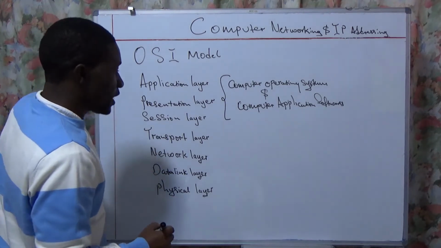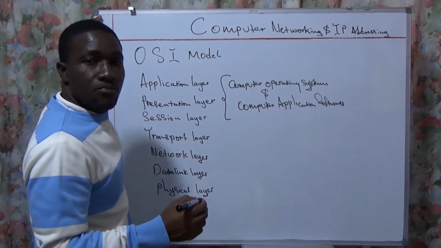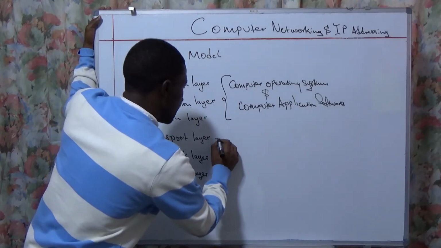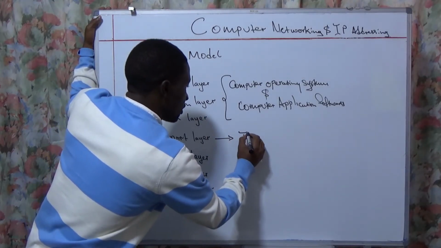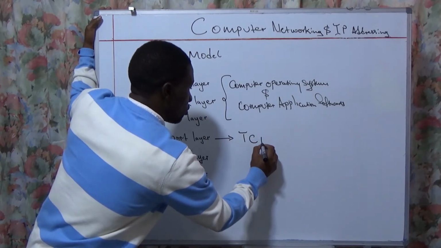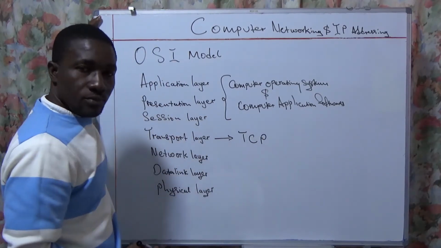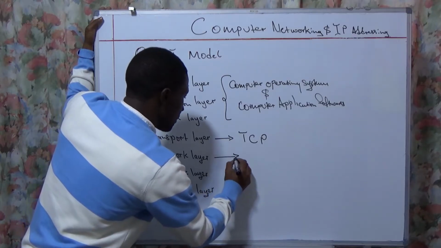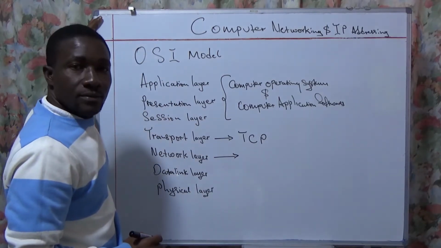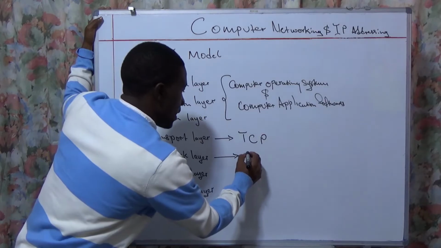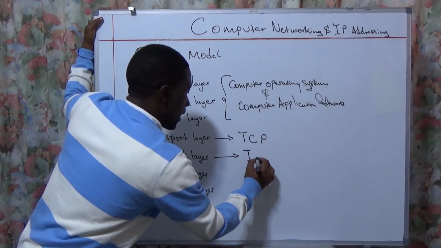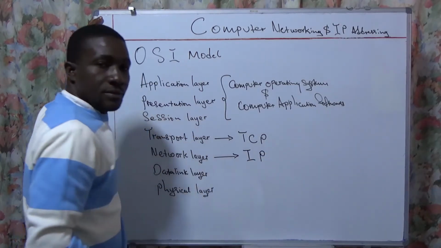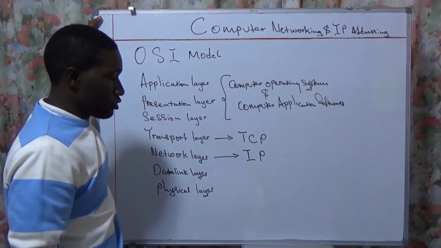At the transport layer, we have a protocol called TCP, Transmission Control Protocol. And at the network layer, we have the IP, the Internet Protocol.